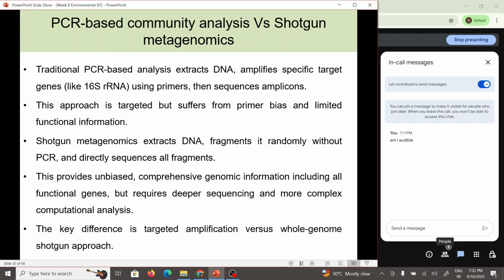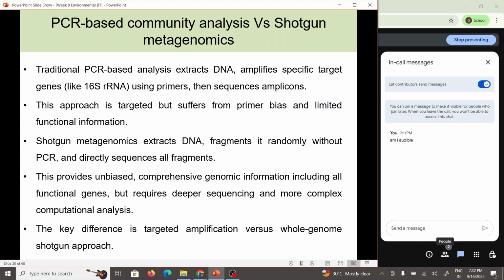The advantage of fragmenting the DNA and then sequencing all the fragments is that it gives us unbiased, comprehensive genomic information. So it is not biased by the usage of any particular tool like the primer. We are going to have all the DNA, cut all the DNA and sequence it.